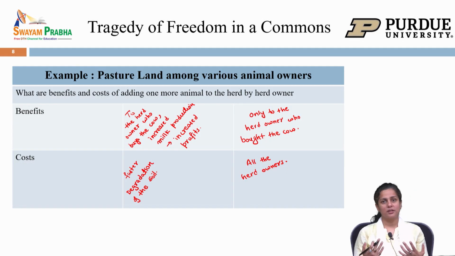So this is the phenomenon of tragedy of commons: when the profits are privatized, owned by one person, everyone thinks that they also want to own that profit, and they make decisions driven by that profit motive, but do not think about the negative costs they are putting on the whole resource, and that is what is happening in the case of degradation of the grazing land.